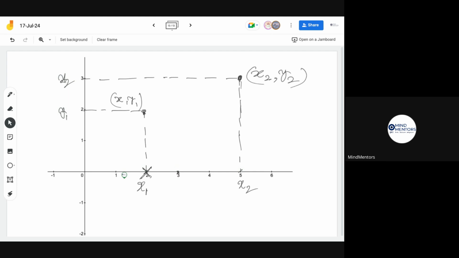So how do you derive it? The way you derive it is, what is the length between these two points? What is the distance between these two points?